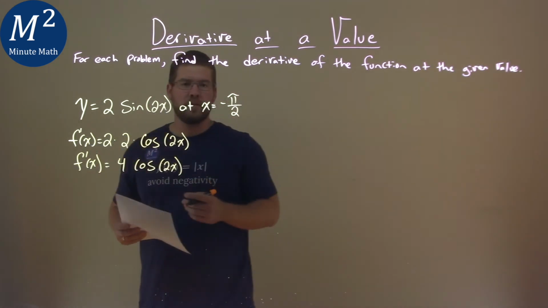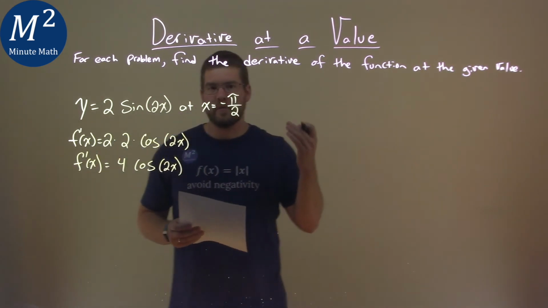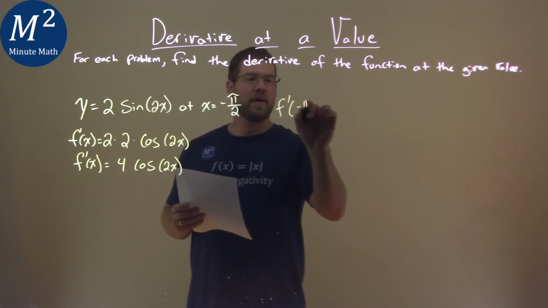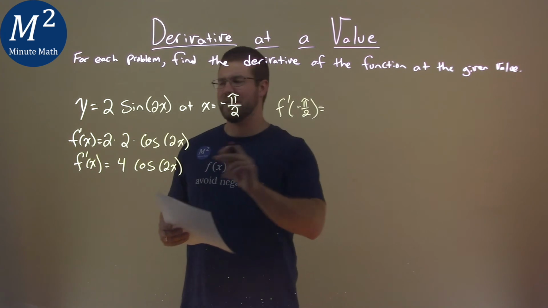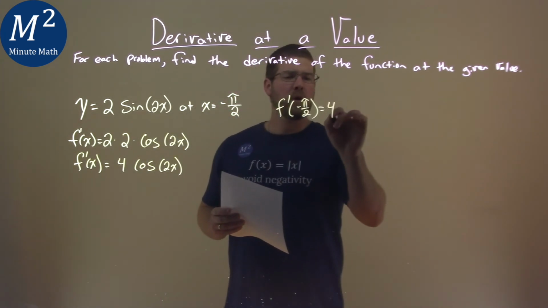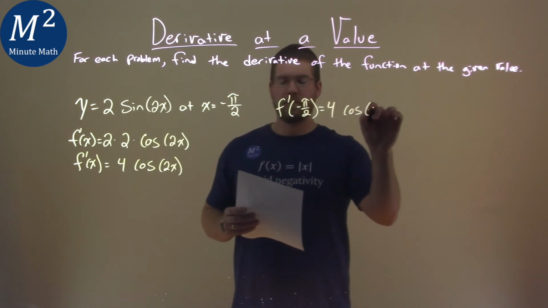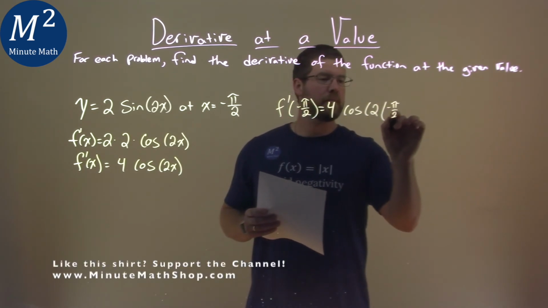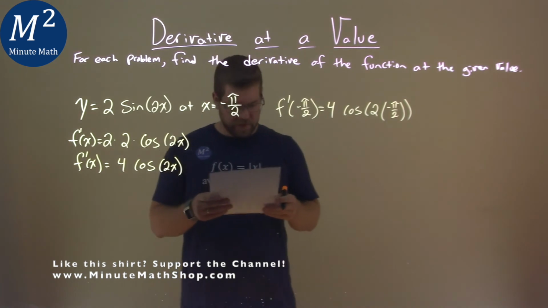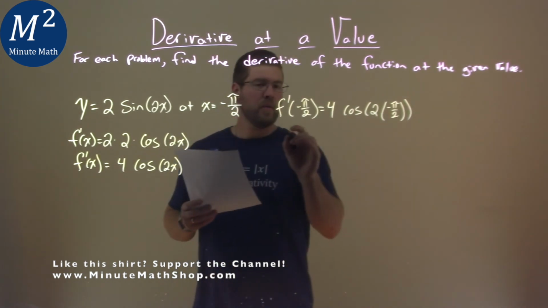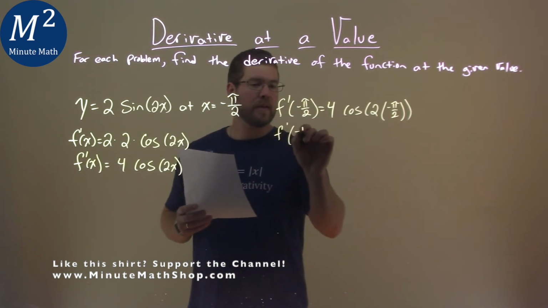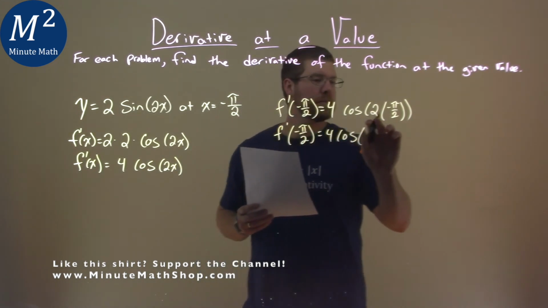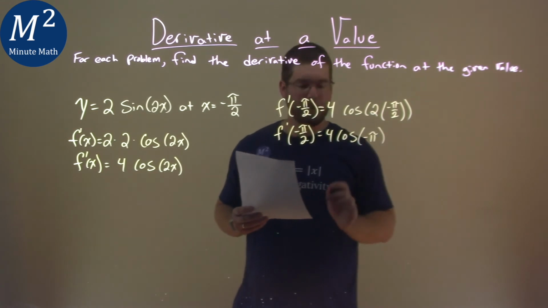So now we have our derivative. Let's go plug in our value at negative pi over 2. So we have f prime of negative pi over 2, and make sure you plug it into f prime, guys. 4 cosine of 2 times our x value, negative pi over 2. And now let's simplify this. Well, we have f prime of negative pi over 2 is equal to 4 cosine, 2's cancel out, of negative pi.